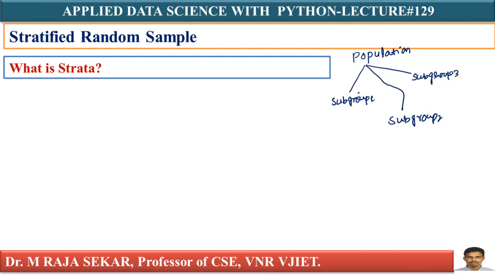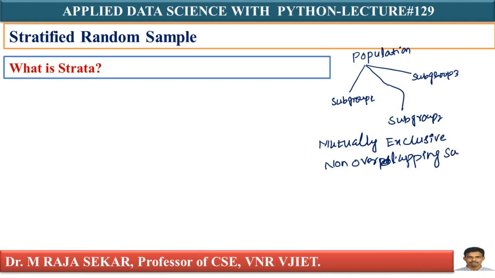I can say all these subgroups are mutually exclusive, or non-overlapping subgroups. This you must understand. It means the intersection of any two subgroups is an empty set.